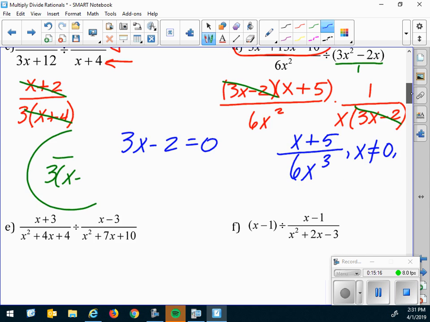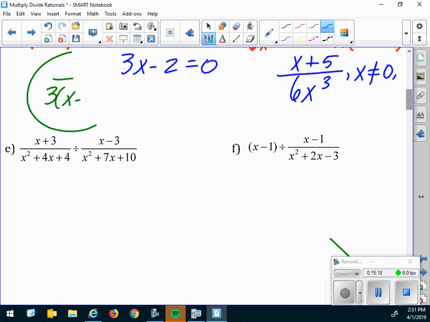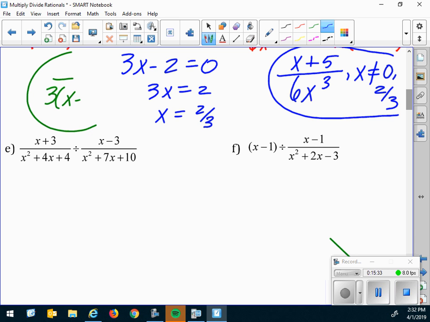Add 2 and divide by 3. Right. 2/3. That is not what I was thinking. There you go. So my answer is x plus 5 over 6x cubed, provided x is not equal to 0 or 2/3.